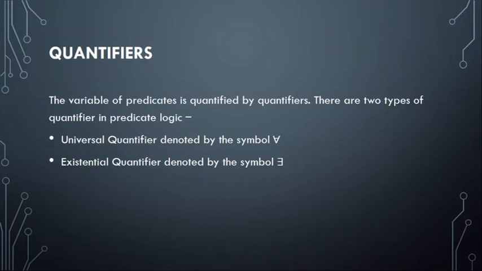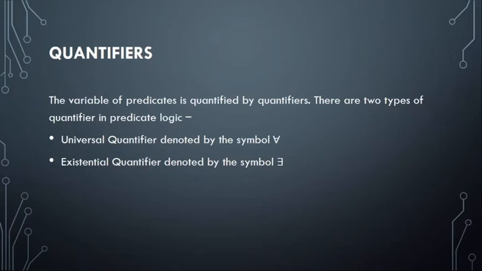The variable of a predicate is quantified by quantifiers, and there are two types of quantifiers in predicate logic. Again, a quantifier is a prefix operator, meaning it comes first, before every formula.